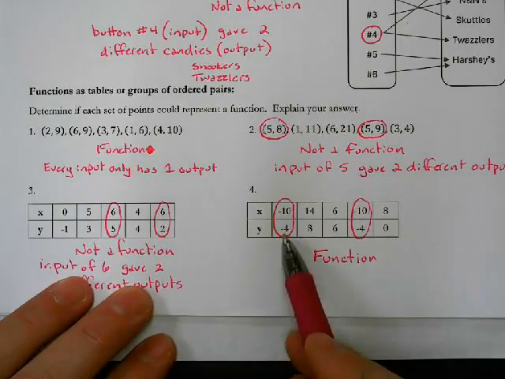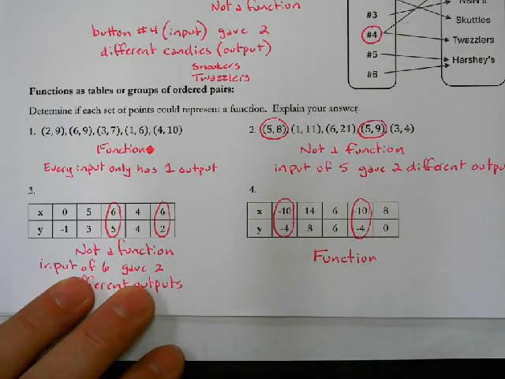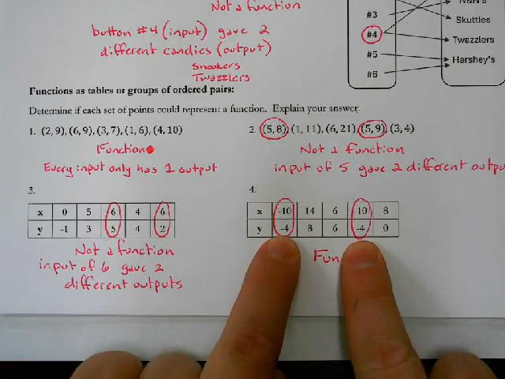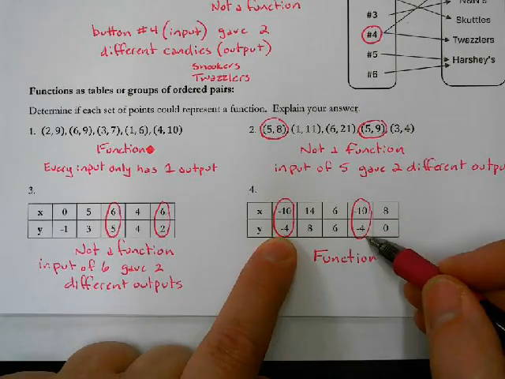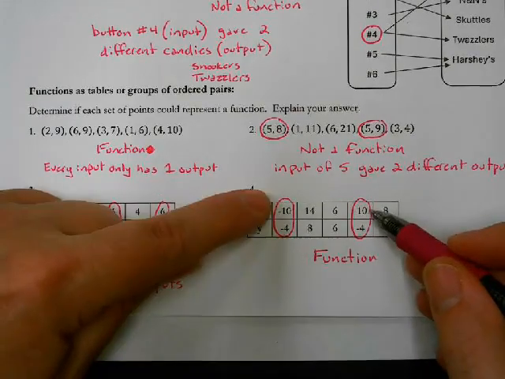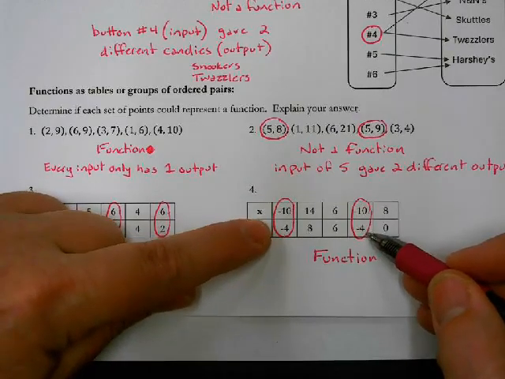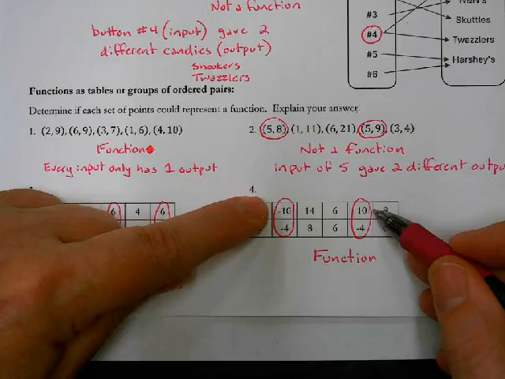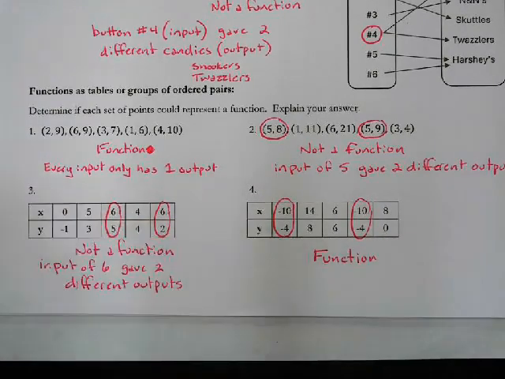So -10 only has one output. The one output is -4. What we're not allowed to have would be like -10, -3. Then we would have two different outputs. So even though it shows up twice, this is still a function because the output is the same. -10 still only has one output of -4. So every input has only one output.